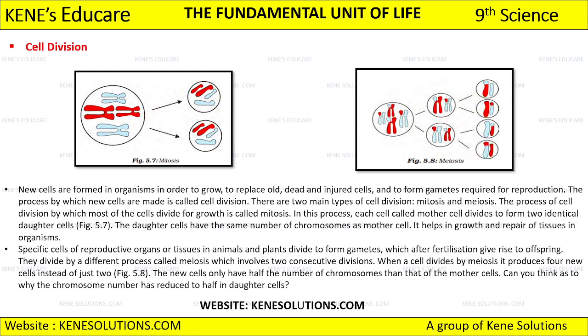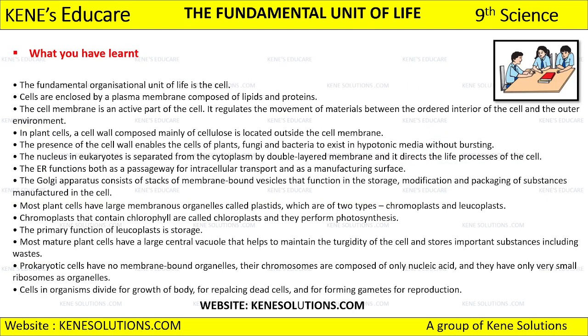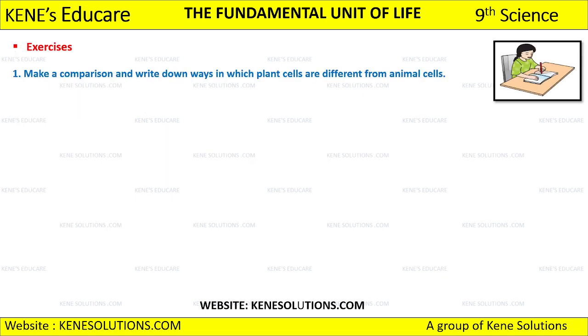We have many things to know about cell division, so we'll be discussing it in a bit more detail. After cell division, that is mitosis and meiosis, we will do the summary revision in short, of what exactly we have studied in the whole lesson. Then we have some exercise questions to discuss, and I want each one of you to please go through these exercise questions quickly.